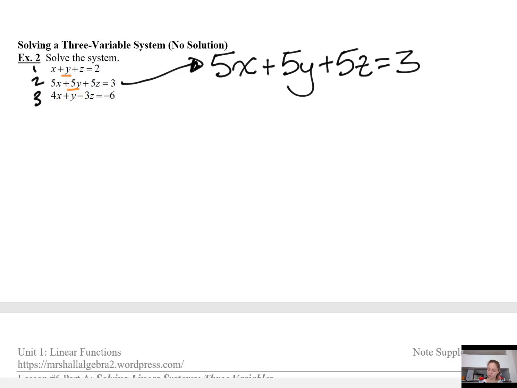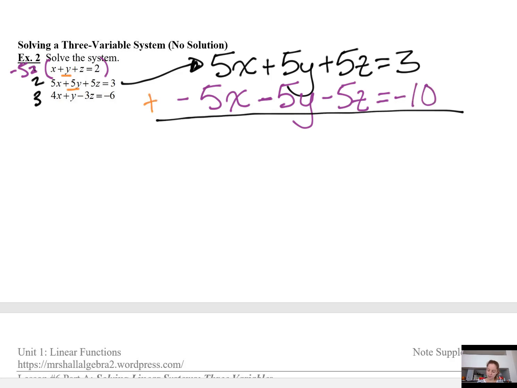And now my goal with equation 1 is to get negative 5y. In order to make those y's have a coefficient of negative 5, I need to multiply the entire equation by negative 5. I end up with negative 5x, negative 5y, negative 5z equals negative 10.